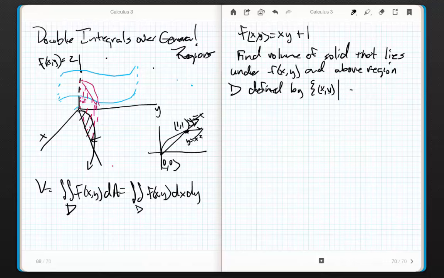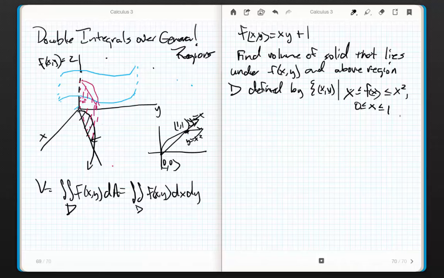x y lives between, well, it's going to be greater than or equal to x and less than or equal to x squared. Actually, I'm going to write this a little differently: f of x is between these two, and x is between 0 and 1.